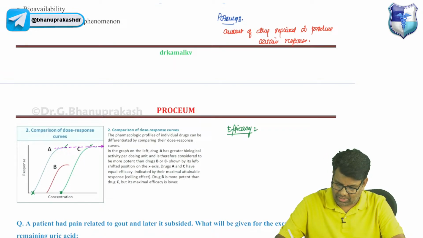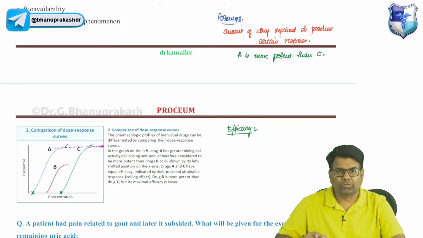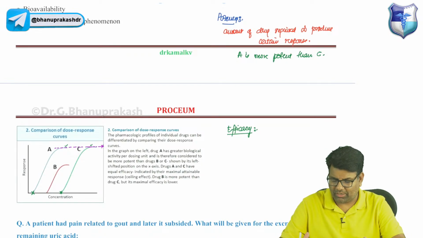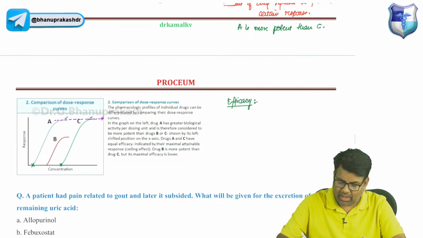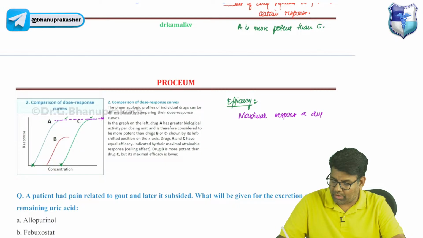And in this case, you can say that A is more potent than drug C. Clear? So whatever amount of drug is needed for a particular effect, that will decide whether it is more potent or less potent. Now another term is efficacy. Efficacy means the maximal response a drug will produce.